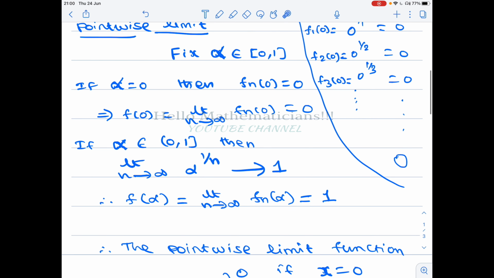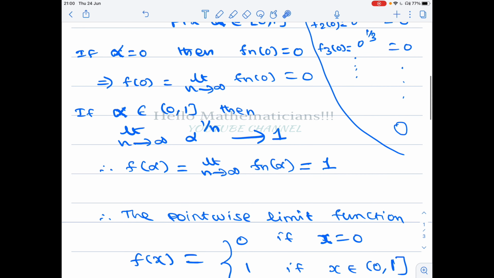Now let us take alpha belongs to closed 0, open 1. If alpha is positive, then alpha power 1 by n converges to 1. That is a result from our first course in sequences and series.